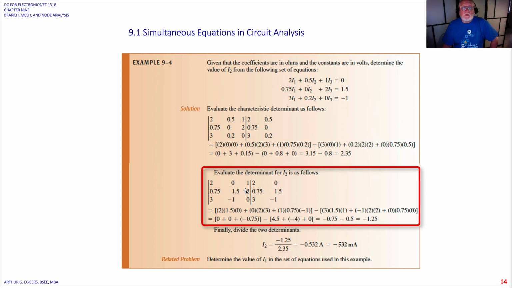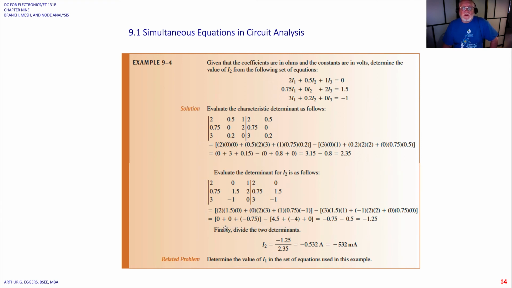Okay, so you just have to do this. Take this example, work it out, pull out a piece of paper, pull out your calculator, and solve for this. So then the last step for finding the current is to divide the 2 determinants. So 2.35, which was the first step, and minus 1.25, which was the second step, we get a value of minus 532 milliamps.